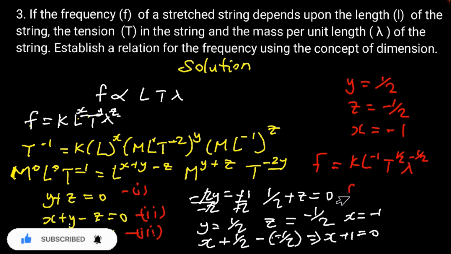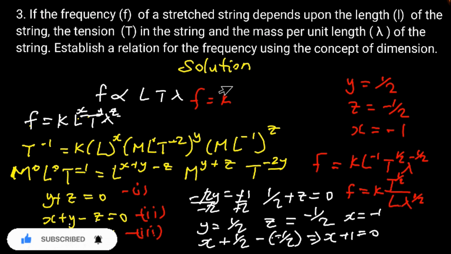So f is equal to k into, now this L raised to the power minus 1 is going to be under L, then T raised to the power half will be at the numerator because there's no negative sign there, and lambda raised to the power negative half will appear at the denominator as lambda raised to the power half. Now we can say that our final answer is f equals k.